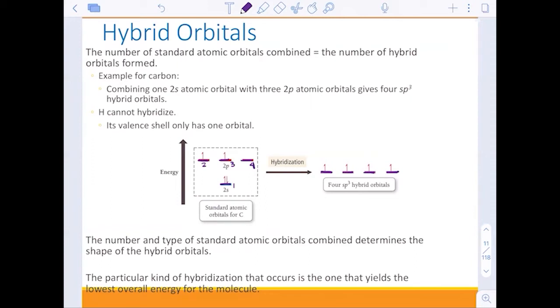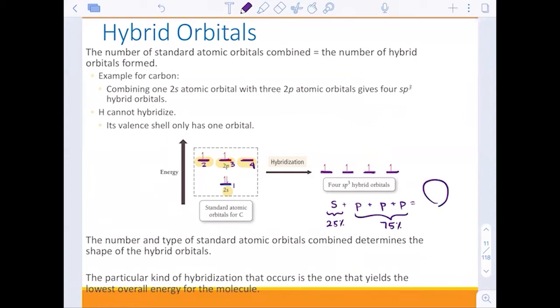The number and type of standard orbitals, again, determines the number and shape of the hybrid orbitals. So I took an s orbital, this one, and I took 1, 2, 3 p's. I'm going to have an orbital that's some combination of s, p, p, p. Now, that is about 25% s and 75% p.